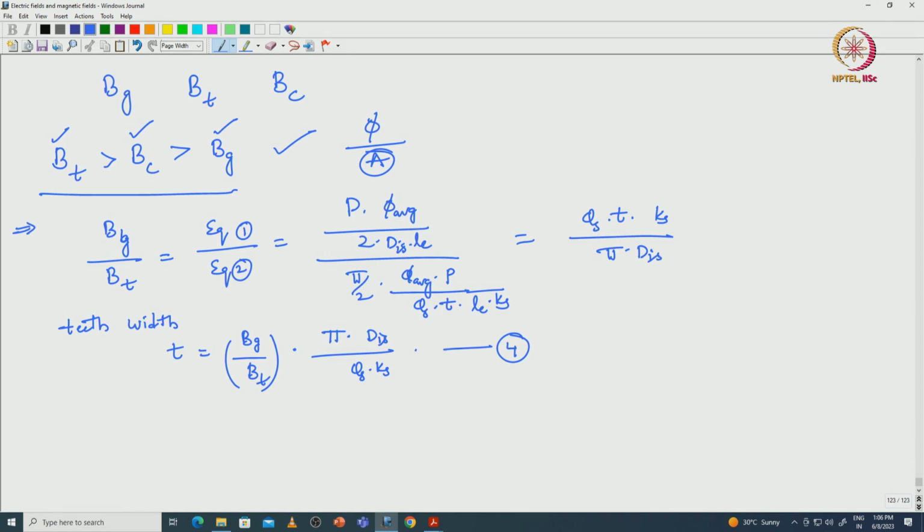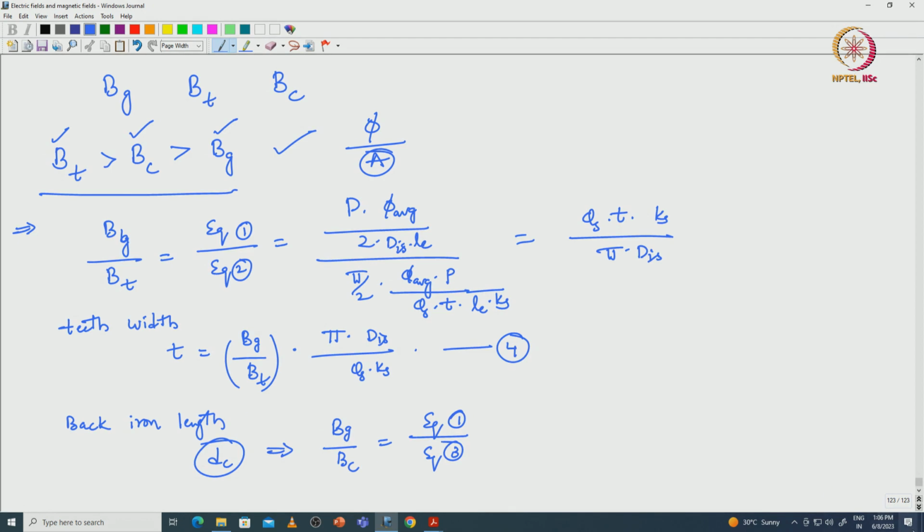Similarly, find the back iron length or back iron width dc by taking the ratio of Bg by Bc. That is equal to equation 1 divided by equation 3.